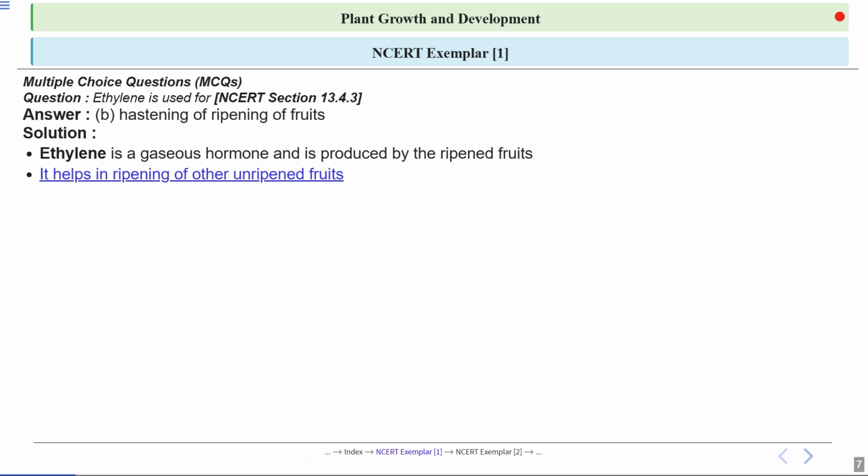We can think of it as a catalyst that triggers a chain reaction. In the same way, this hormone comes from the ripened fruit and enters the unripened fruit and makes it ripe as well.